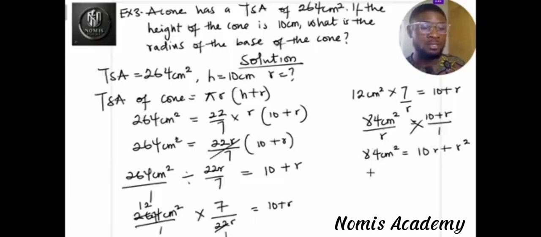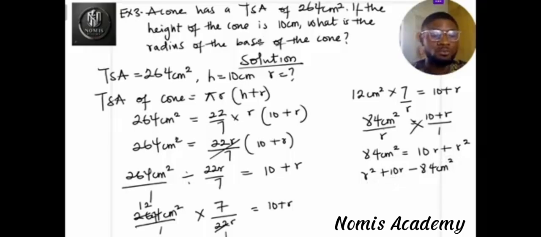So I can now say, to arrange the quadratic equation, r squared plus 10r minus 84 centimeter squared, right? So I want to find the value of r. Now, the way to solve this now is to use the formula.